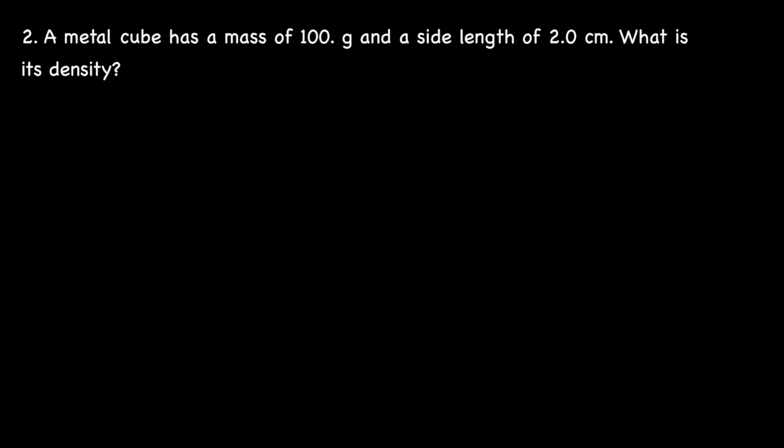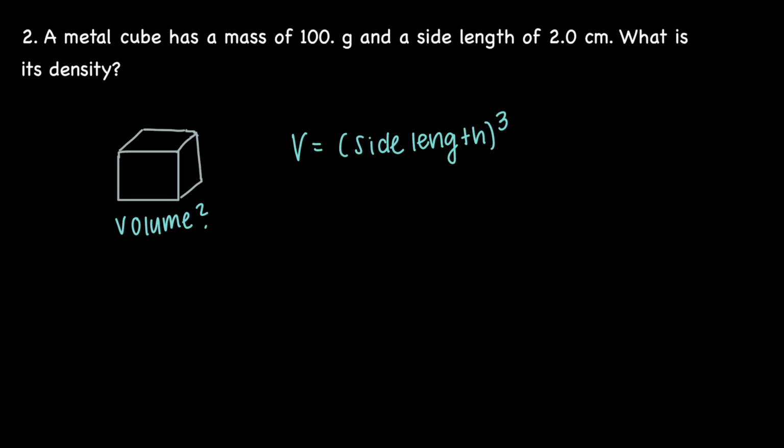Number 2. A metal cube has a mass of 100 grams and a side length of 2.0 centimeters. What is its density? First, we need the volume of the cube. The volume of a cube is found by cubing the side length. 2 centimeters cubed means 2 times 2 times 2, which equals 8.0 cubic centimeters.